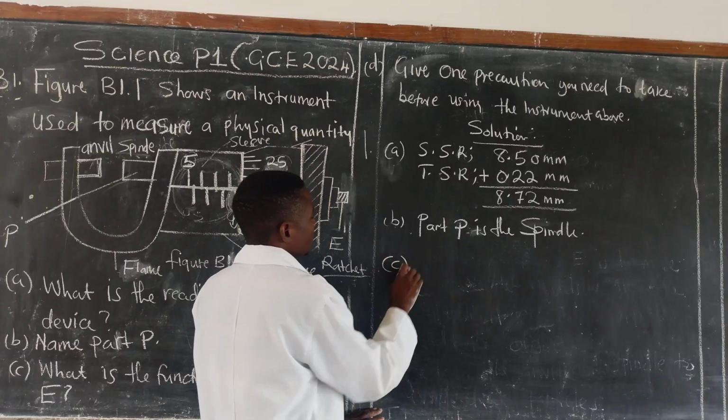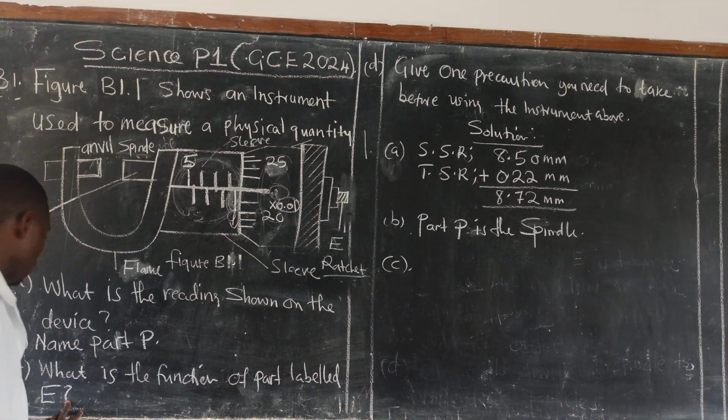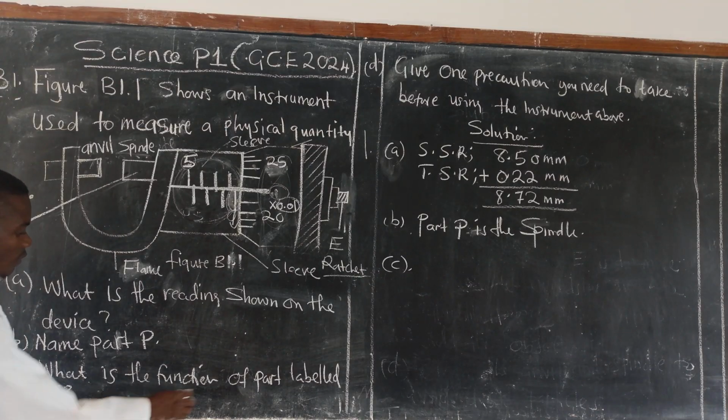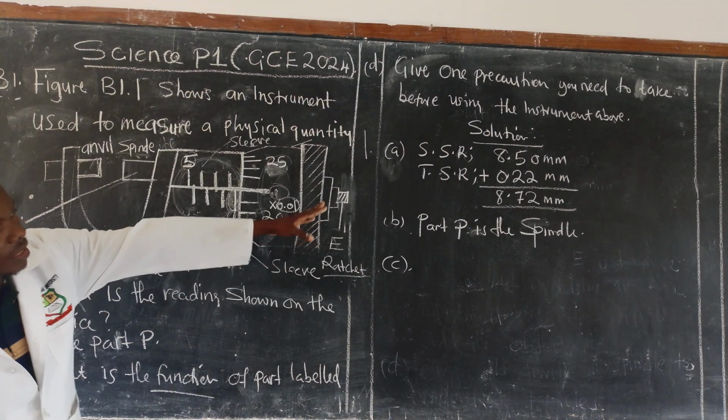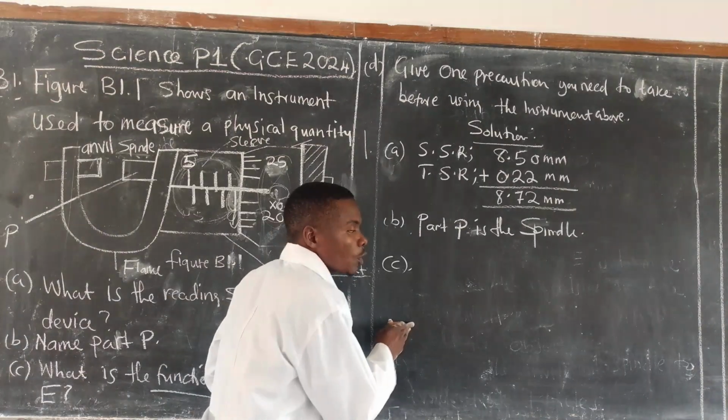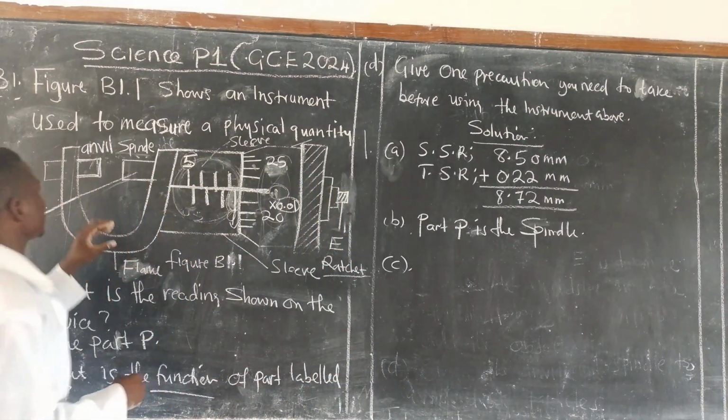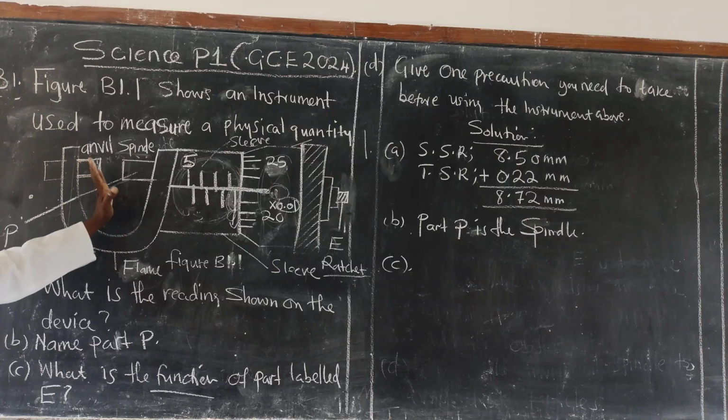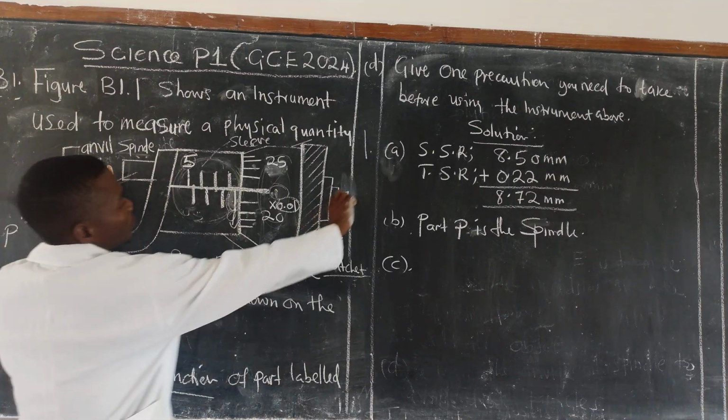Then we go to C. What is the function of the part labeled A? What is the use of this part? When putting an object here, we open the micrometer screw gauge. So what do we use to open? We use the ratchet here.